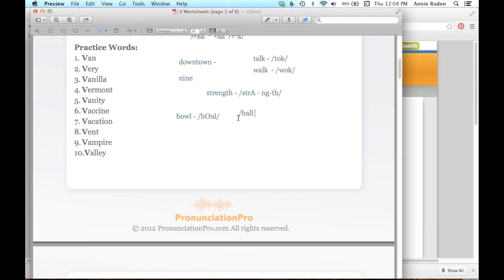Ball has a short ah sound. Ball. And it still has that dark L, but the difference is that bowl has the O and ball has the ah.